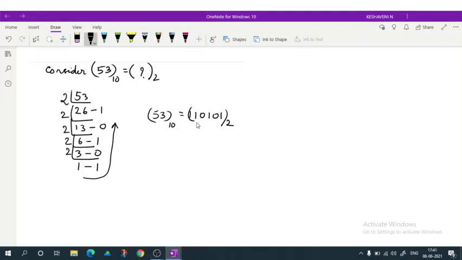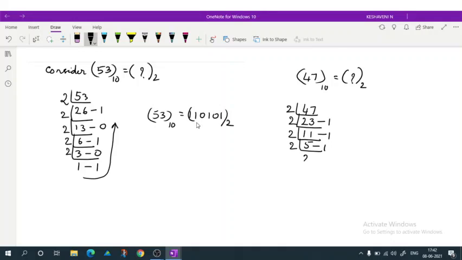Let us consider another example. Consider 47 in decimal, equal to how much in binary? So 47, continuously divide it by 2. 2 2s are 4, 2 3 remainder 1, remainder 1, 2 5s are 10, remainder 1, 2 2s are 4, remainder 1, 2 1s are 2, remainder 0.